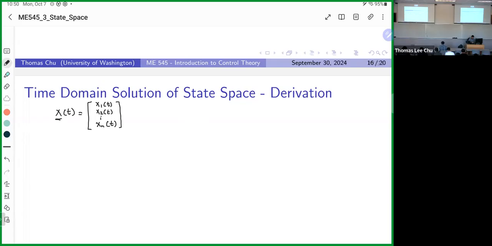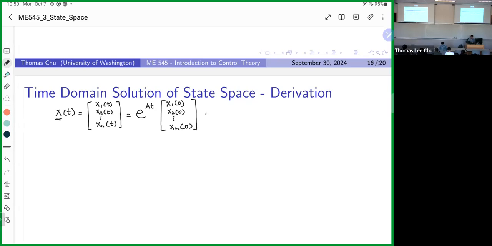Our solution for each of the state variables is equal to e to the At times your initial conditions, x1 at 0, x2 at 0, all the way to xn at time equals 0.